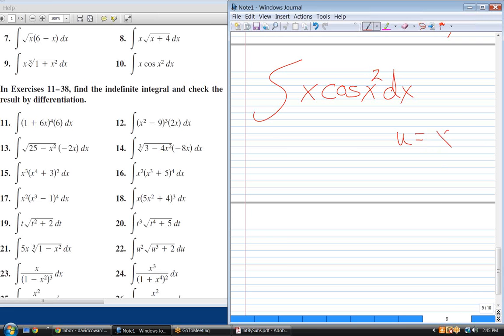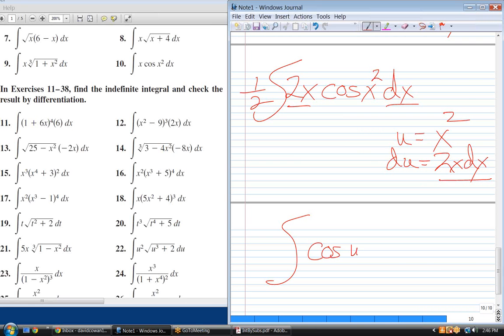Yes. Then I'm going to do the same thing. I'm going to put a 2 there, take a 1/2 out. So there's my 2x dx that's over here. So it's cosine of u, cosine of u du.